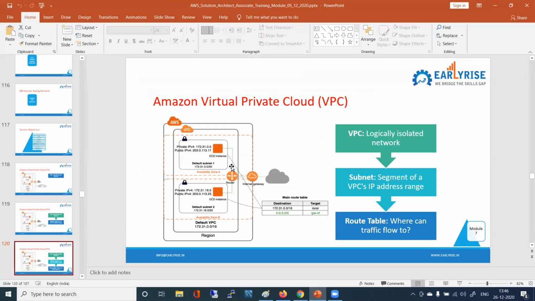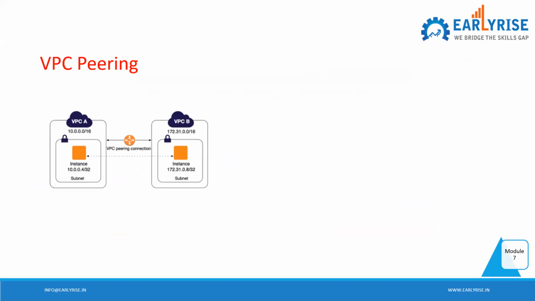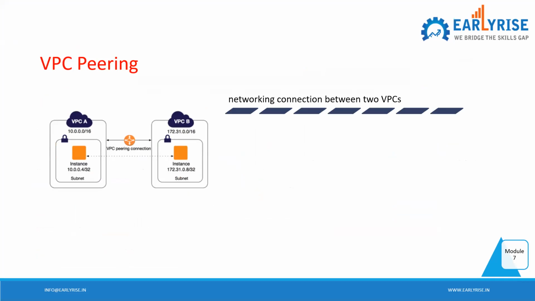There is a concept called VPC peering, right? So what is VPC peering? A networking connection between two VPCs. Dharma, my VPC and your VPC are totally disconnected, with no relation.